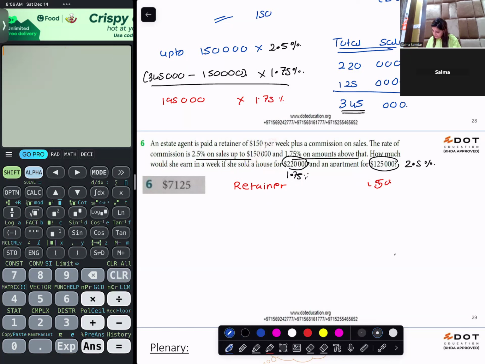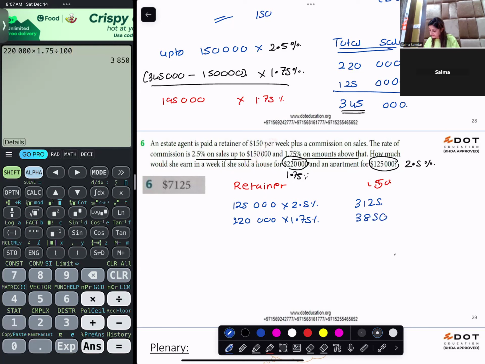On 125,000, she's going to get 2.5%, that is 3,125. So whenever you are selling up to 150,000, you are going to get 2.5% commission. And whenever you're selling above 150,000, that is the 220,000, she's going to get 1.75%. Here she's going to get 3,850.